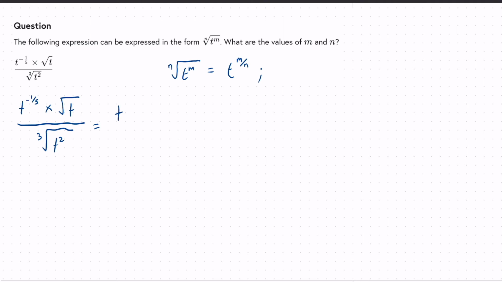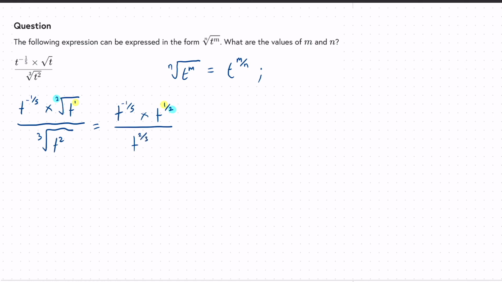So t to the negative 1 over 5 times, well, there's a 1 here and there's a 2 here, right? We just often don't write that. So that becomes 1 over 2. Right, the 1's there and the 2's there. Down on the bottom, t, well, that's 2 over 3, in the same way as we did it on the top.